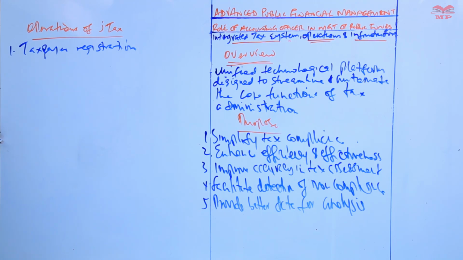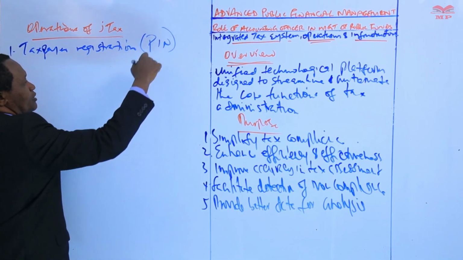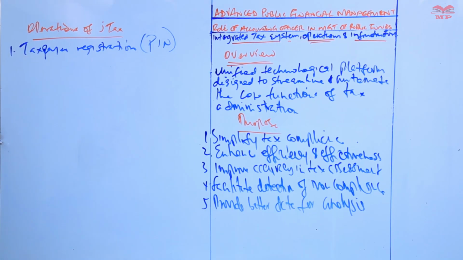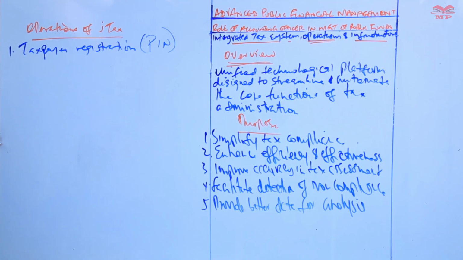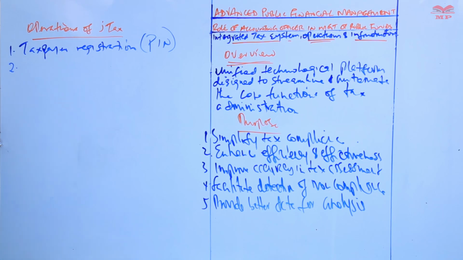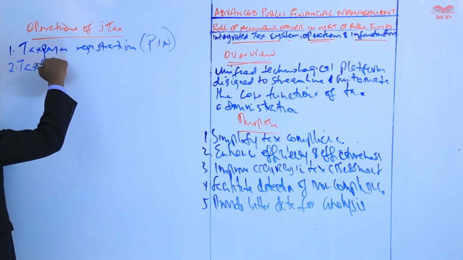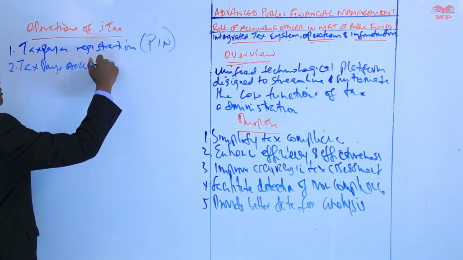It allows for online registration of new taxpayers and the issuance of unique taxpayer identification numbers, PIN. After registering, a taxpayer will have a unique number we are referring to as PIN. It also facilitates updating taxpayer details. The second aspect of administrative operations is taxpayer account management.